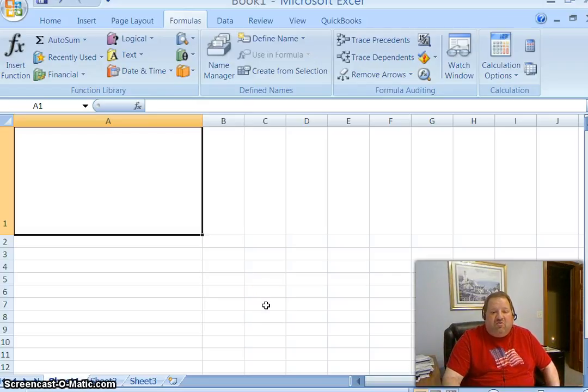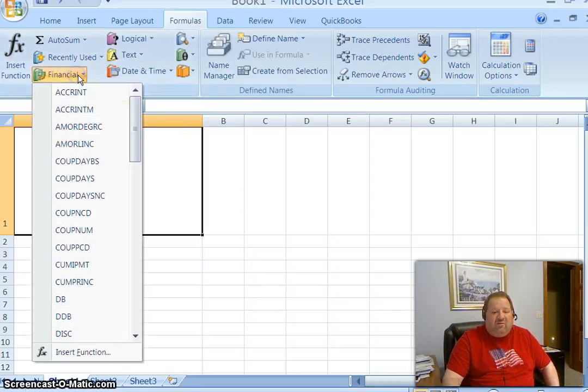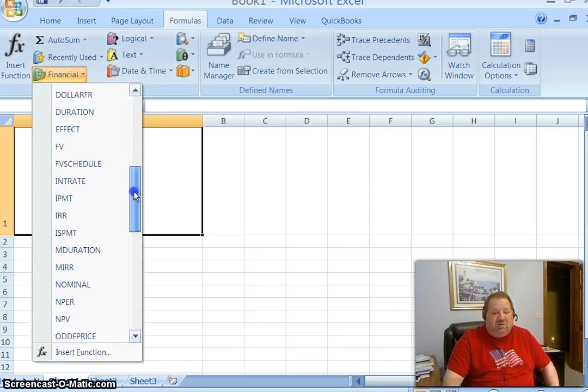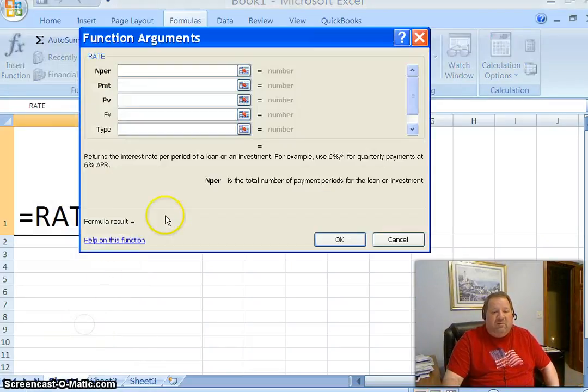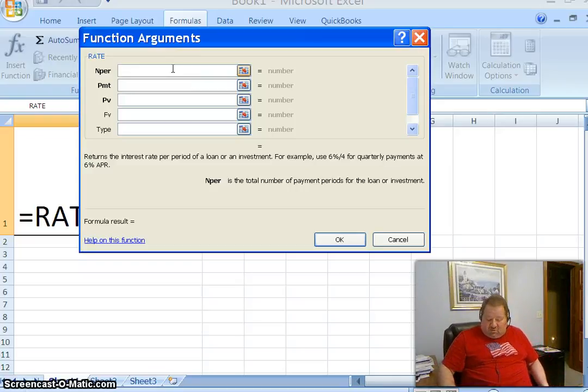So to find the true annualized rate of return, we can use the rate function in Excel. If I go to Financial Functions and click on Rate, number of periods, let's say that I buy Disney and I hold it for 2 years.